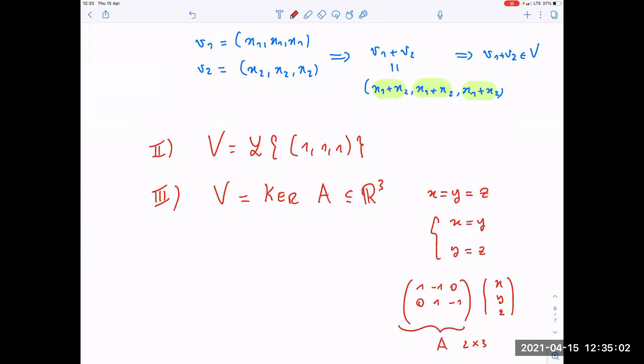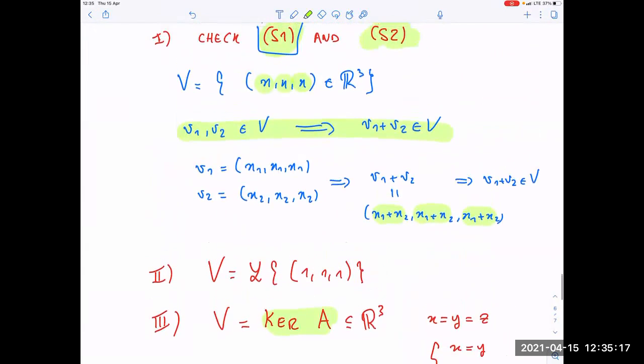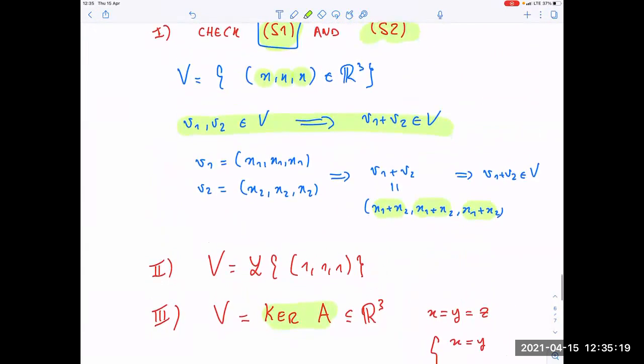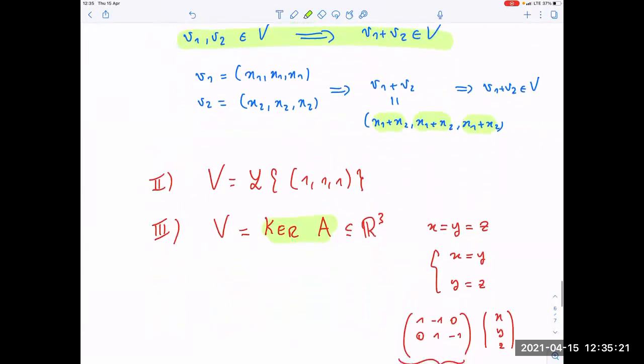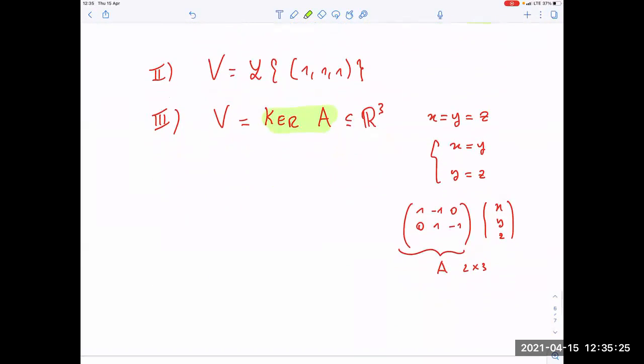Amos Lanzu, yes, basically, when you say it is a kernel, you're saying it's the solution set of a homogeneous system. So it is exactly the same thing. So you see, you can answer this question in these 3 different ways. You check the properties, you see it is a linear span, you see it is a solution set of a homogeneous linear system of equations, which means it is a kernel, and so you get the answer you want.